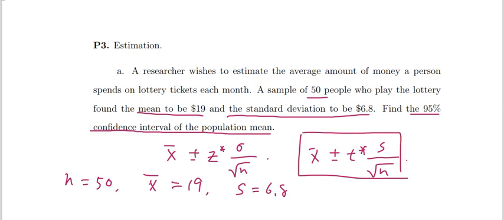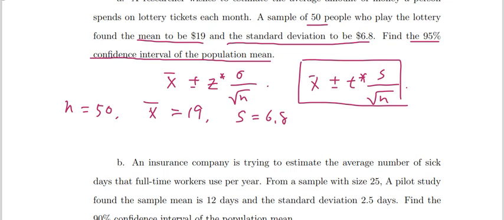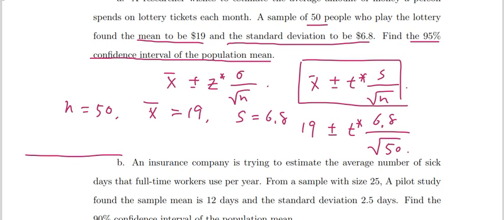So we know we should use this formula, right? Then this problem is quite simple. X bar is 19, plus minus T star. T star we need to check from the T table, n is 50. So what is T star? T star is the cutoff point such that there is 95% confidence.